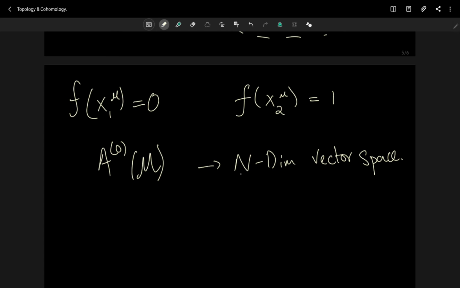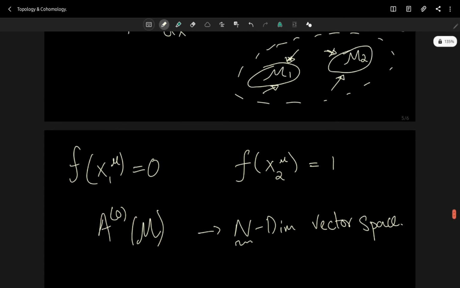Over here, what is n? N is simply the number of disconnected components of M, where the constant value of f on each piece serves as the vector components.